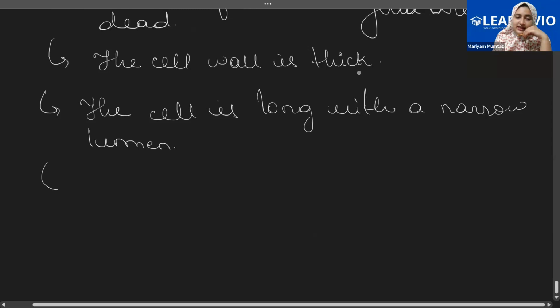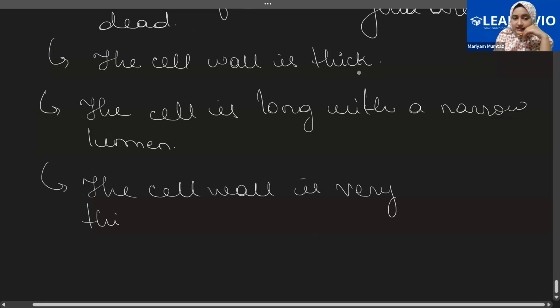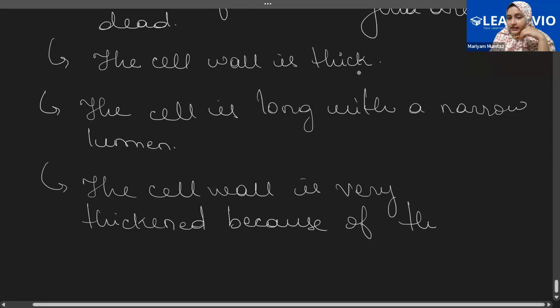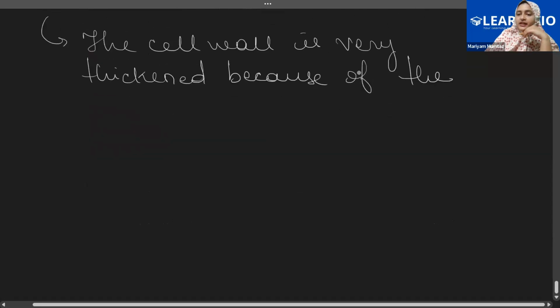Now talking about the cell wall. The cell wall is very thickened, because of the deposition. Do you understand the meaning of deposition?